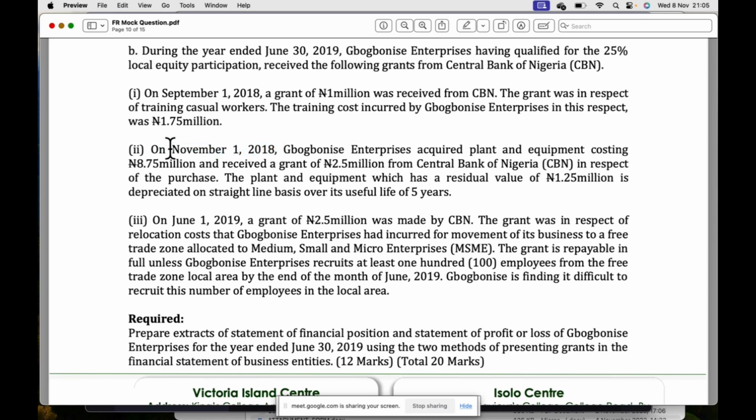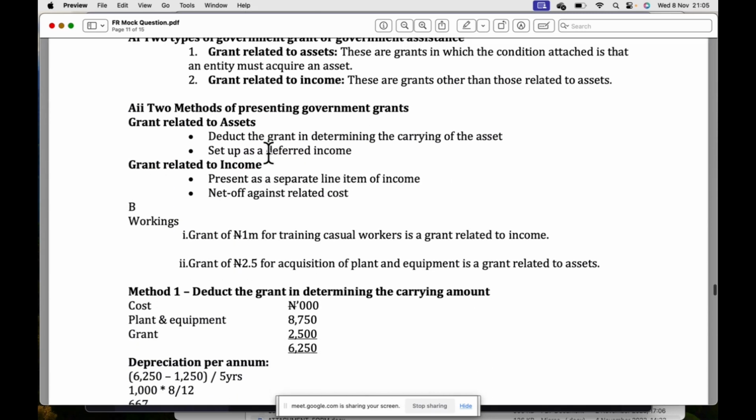The key thing here is that the asset was acquired during the year because the year end is June 30th. So when you are calculating your depreciation, you have to prorate it to 8 months. Let me count it: November, December, then 8 months. Yes, 8 months.